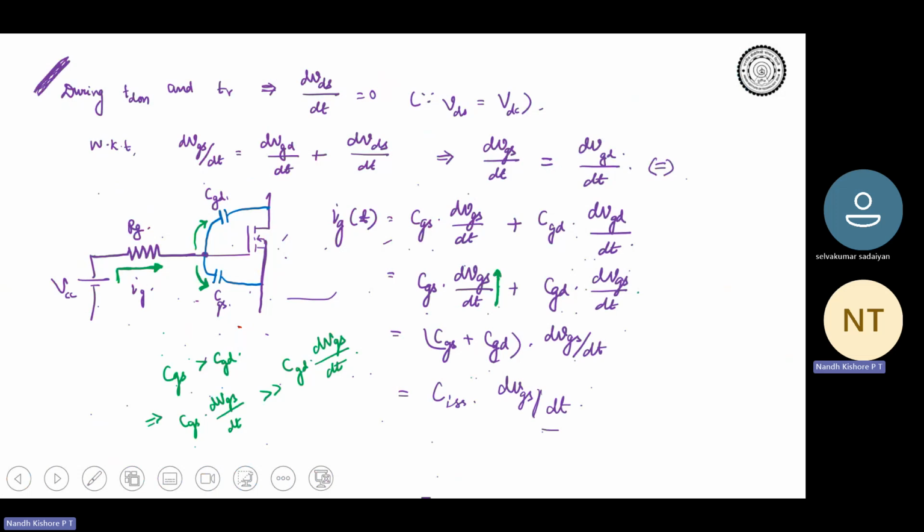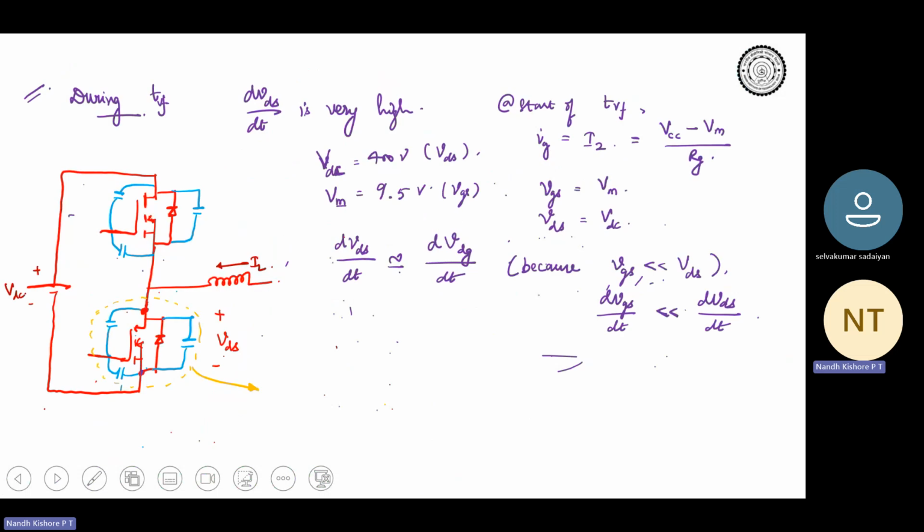This is during the turn on delay time and current rise time. But during your voltage fall period, there is a huge dVDS by dt. Compared to dVGS by dt, dVDS by dt is very high.